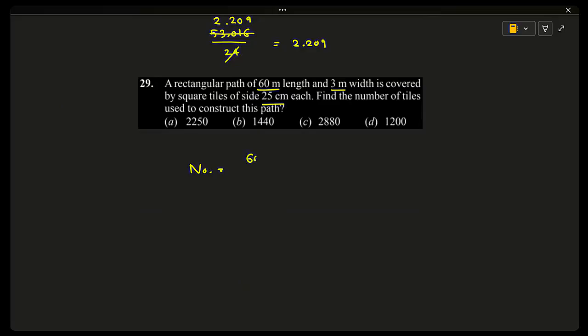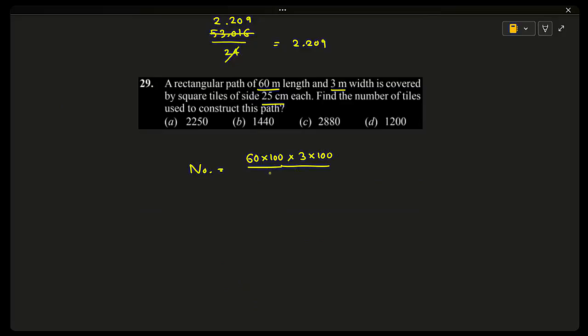So area will be 60 meters into 3 meters divided by area of each tile. So actually it's given in centimeters. The units are not matching. So first let us convert the rectangle dimensions into centimeters. 60 meters is equal to 60 into 100 centimeters, and breadth is 3 meters, converting into centimeters, 3 into 100. Now the units are matching, centimeter.